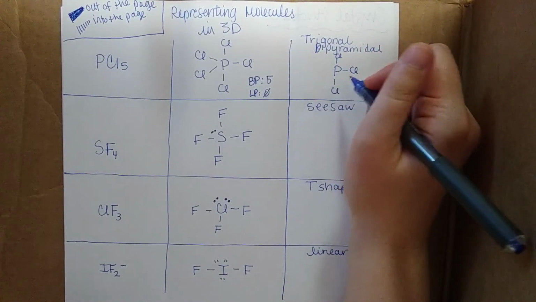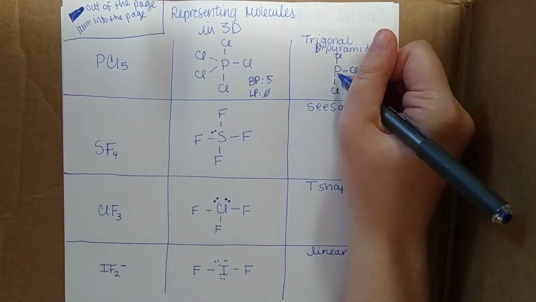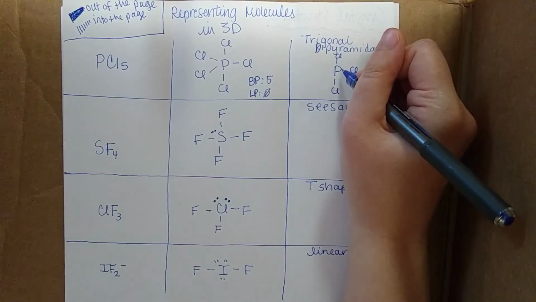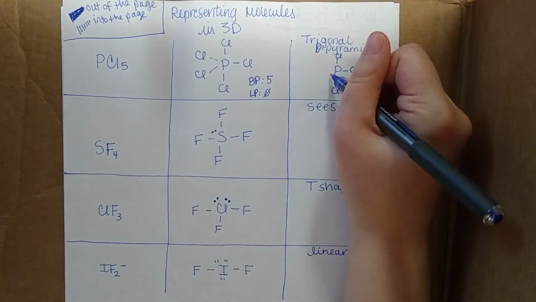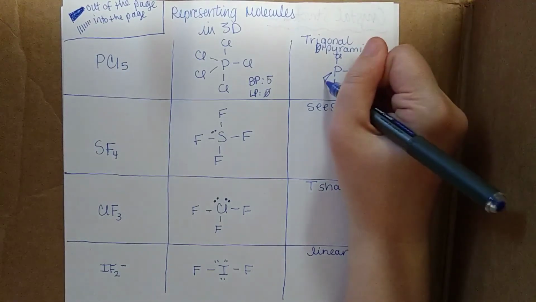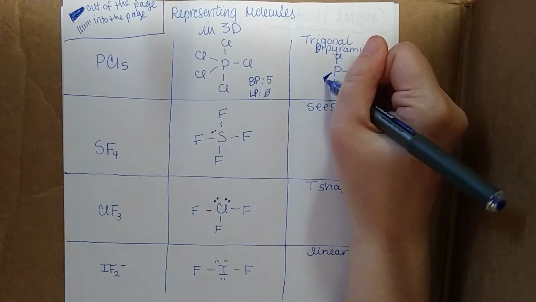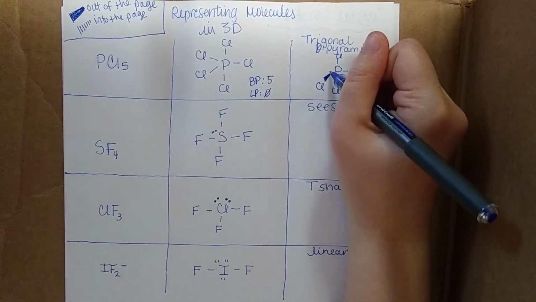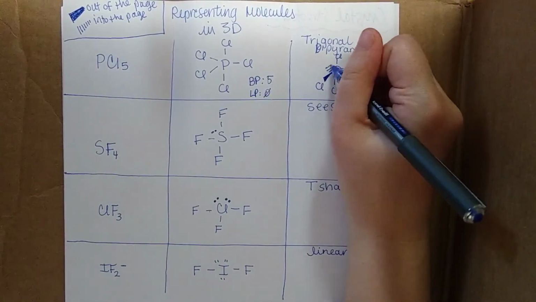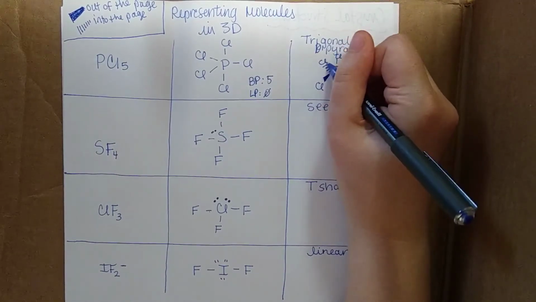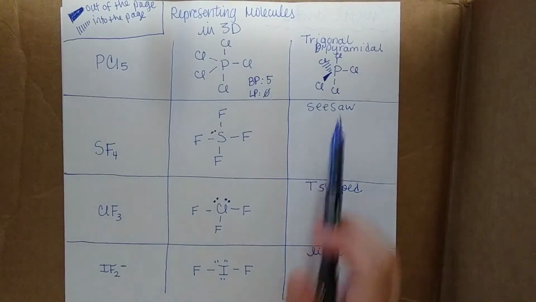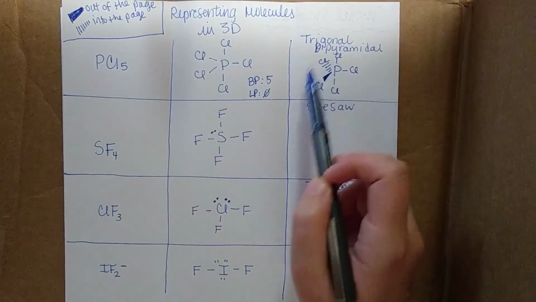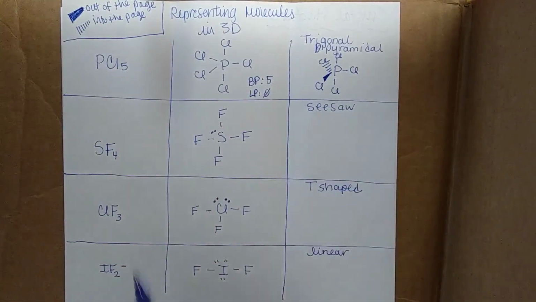And now we have to represent that one of the chlorines is going to be coming out of the page towards us, and another one is going to be pointing back. So once again, the way to do that is like so. So here is our chlorine pointing out of the page, and here is our chlorine pointing into the page. So this is able to show the 3D structure of this molecule.